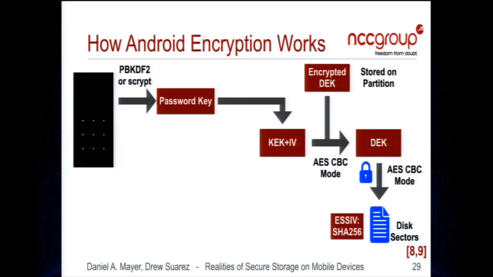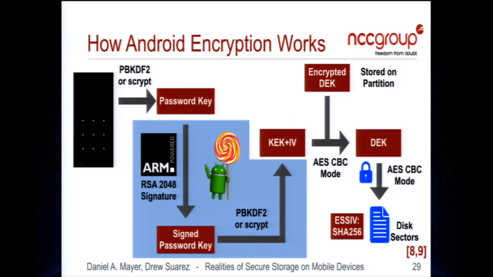And then additionally, in 5.0, Google introduced with Lollipop the ability to sign this key with hardware. This is a relatively new feature, but it basically prevents offline attacks at this point, because similar to iOS, there's a component of the cryptography that's baked into hardware that you need to actually execute on the hardware. So you can't throw a ton of RAM and things at the problem anymore to try and brute force. You have to rely on running on the actual device at this point.